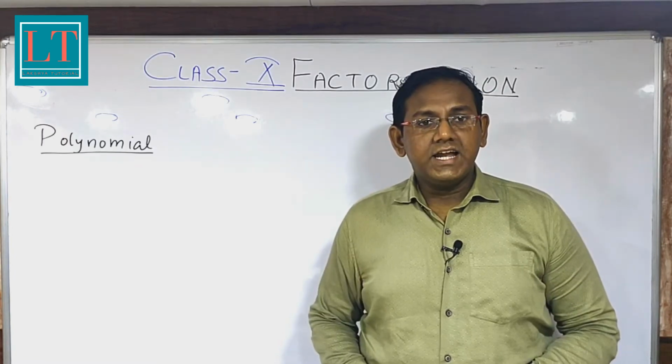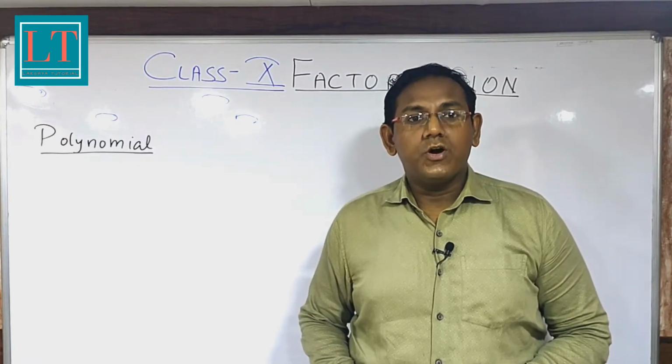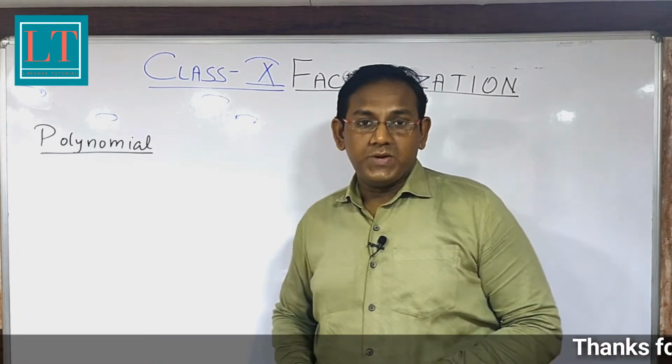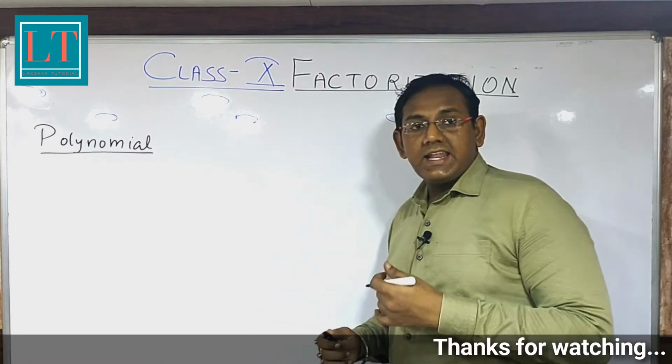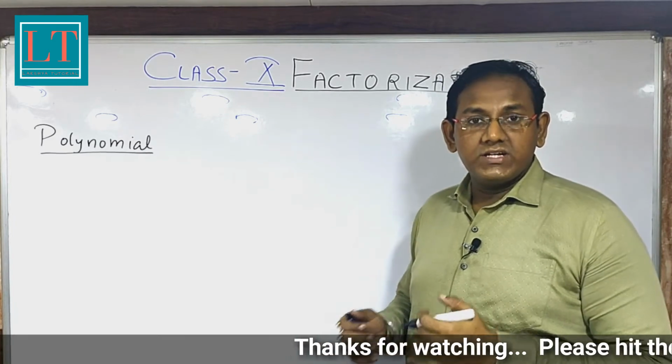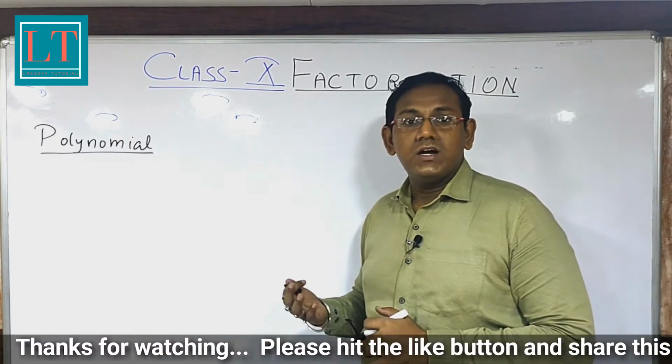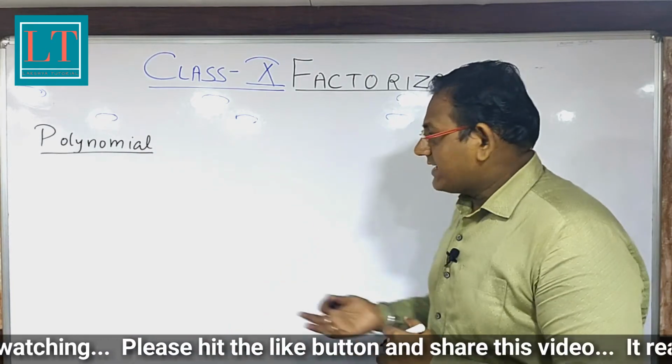Now let us understand what is basically called a polynomial. In the case of a polynomial, whenever we express or write any given equation in terms of powers of x, then we say that it is a polynomial. Let us take an example.